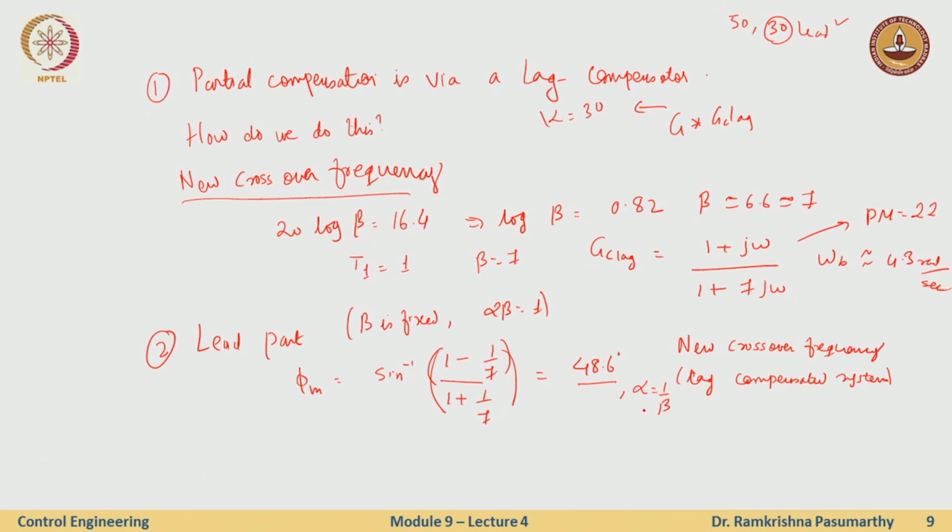I can compute the new crossover frequency where the magnitude of the lag compensated system takes the value minus 10 log beta.